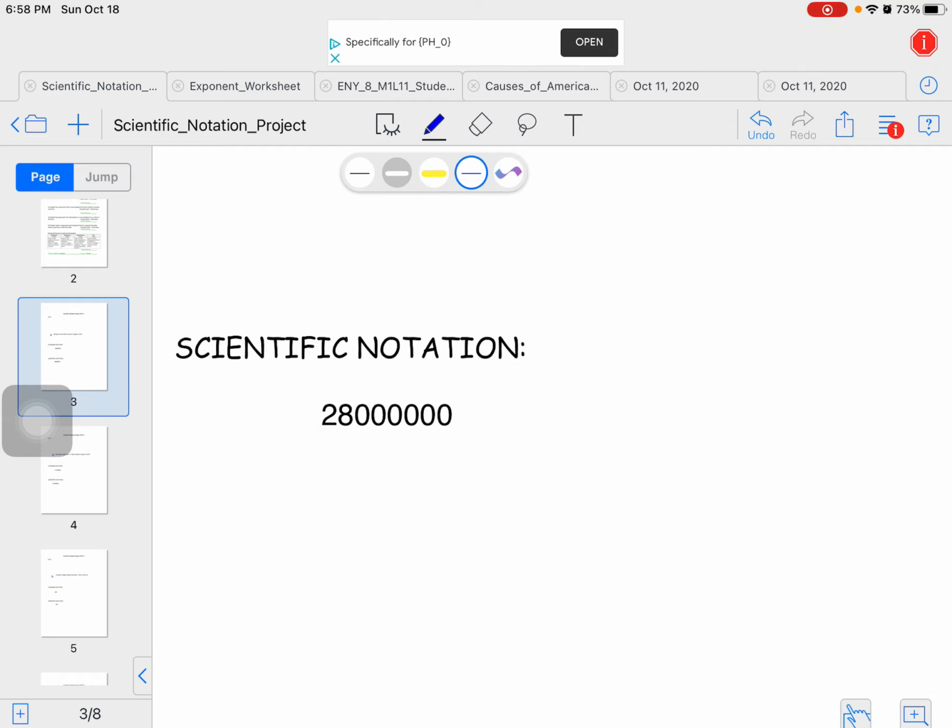I'm going to make the imaginary decimal move until I get it to here, because the rule for scientific notation is 1 digit, decimal, the remaining digits, times 10 to the power I need to figure out. I'm swiping 1, 2, 3, 4, 5, 6, 7 times.